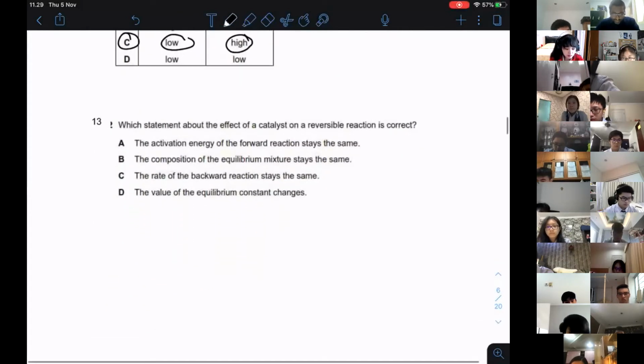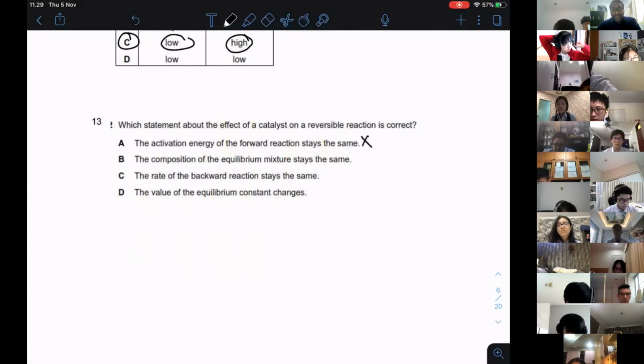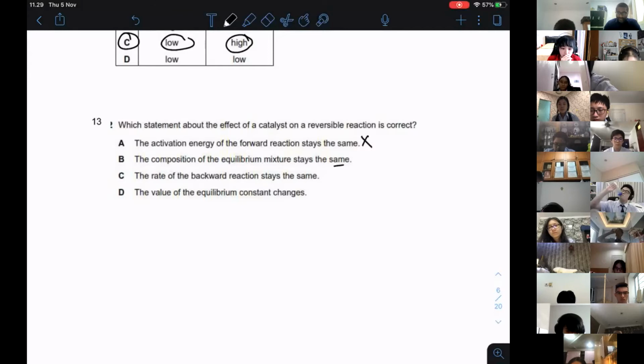One more minute. Which statement about the effect of a catalyst on a reversible reaction is correct? The activation energy stays the same. Thompson, do you think so? No, sir, activation energy will go down. The catalyst provides an alternative pathway with lower activation energy, whatever way you memorized last time. The composition of the mixture stays the same. This might be a bit confusing, related to the term used. Same doesn't mean equal in this case. Let's come back to that later.